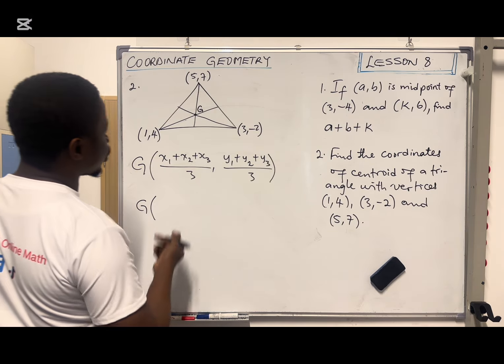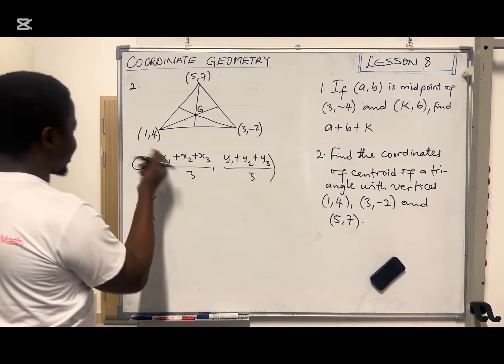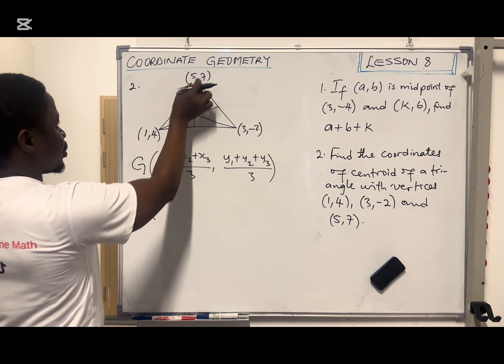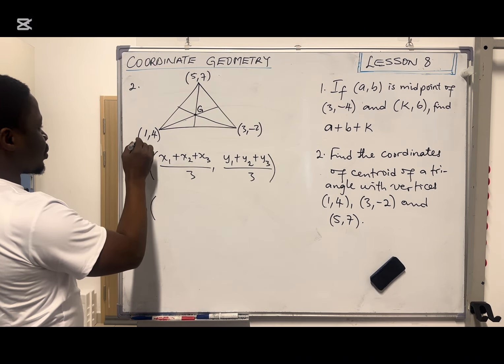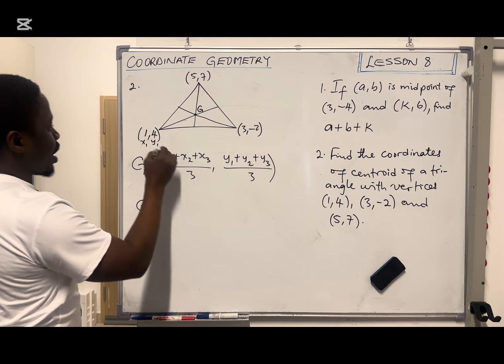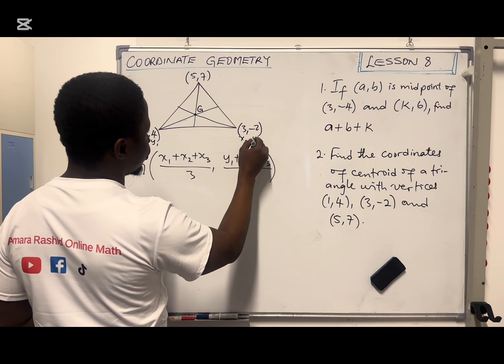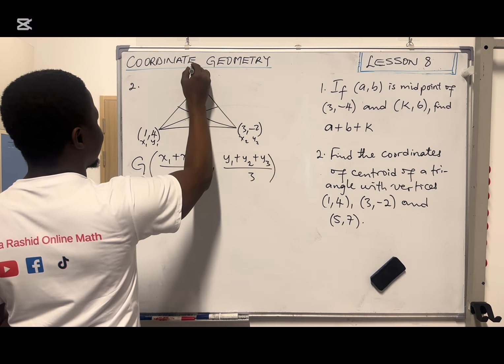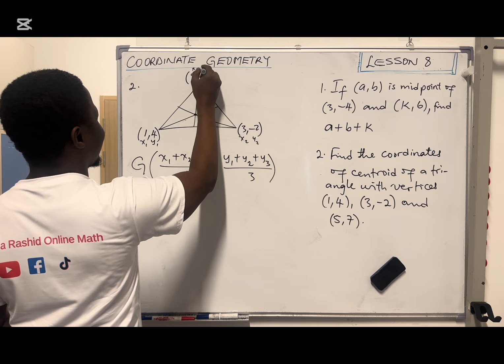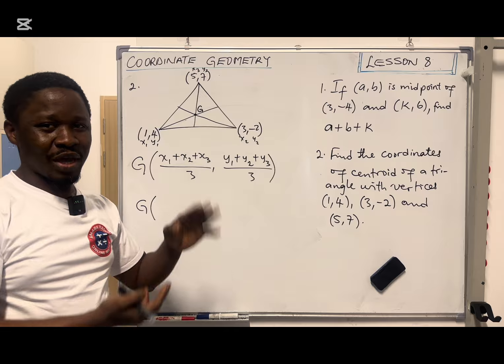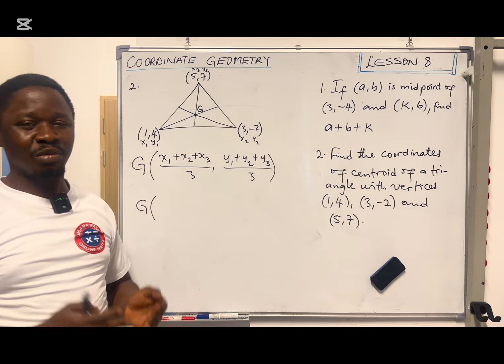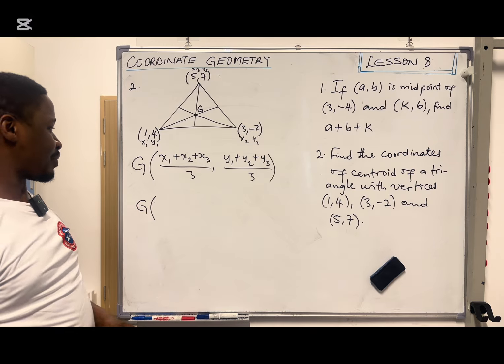So what is x1? What you have to identify first, to start here, choose to start here. So we can say x1, y1, x2, y2, x3, y3. You can even choose not to indicate x1, y1, x2, y2, as long as you think you'll be able to remember them in that order.